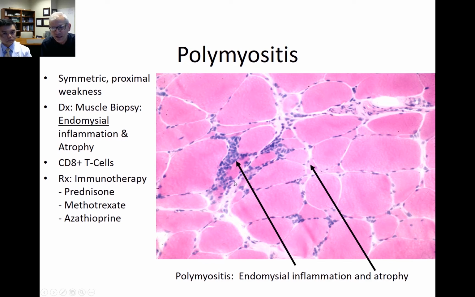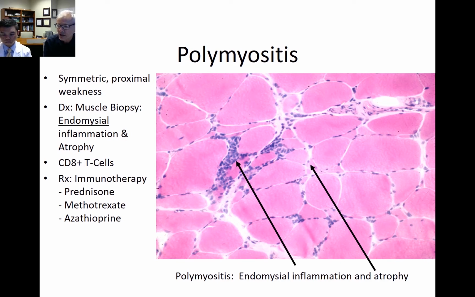These are small lymphocytes, and note that they are within the endomysium. So that is an important clue to this disease. And so we have a myopathy, and on top of that we have inflammation. Therefore, we're talking about inflammatory myopathy.